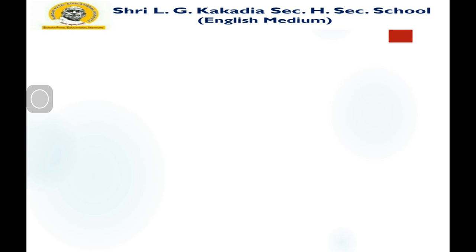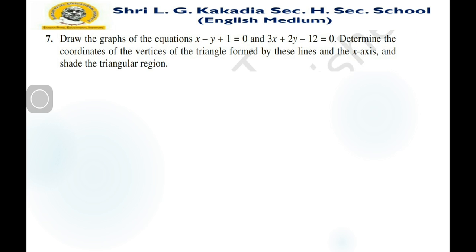So next, example number 7. Draw the graph of the equations x minus y plus 1 is equal to 0 and 3x plus 2y minus 12 is equal to 0. Determine the coordinates of the vertices of the triangle formed by these lines and the x-axis, and shade the triangle region.